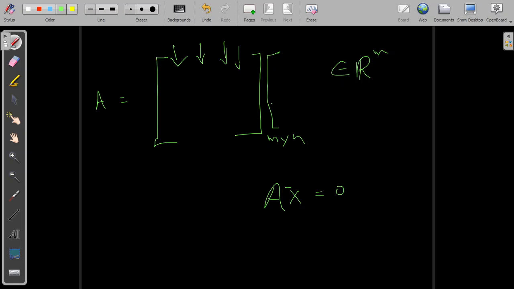You solve for x and get some solution, and you analyze that solution: whether all the solutions are 0, that means the trivial solution, or it has a non-trivial solution.